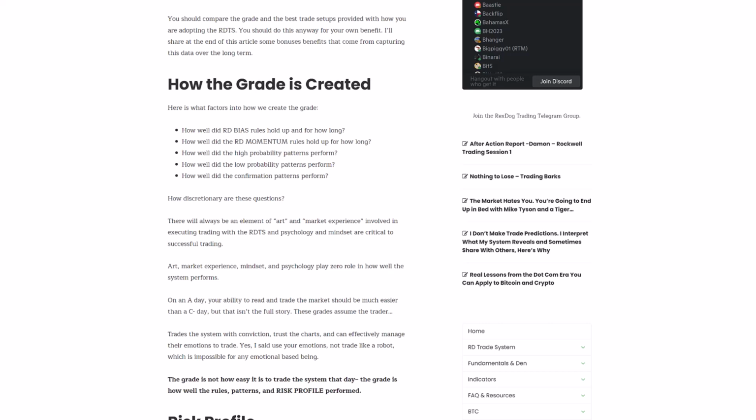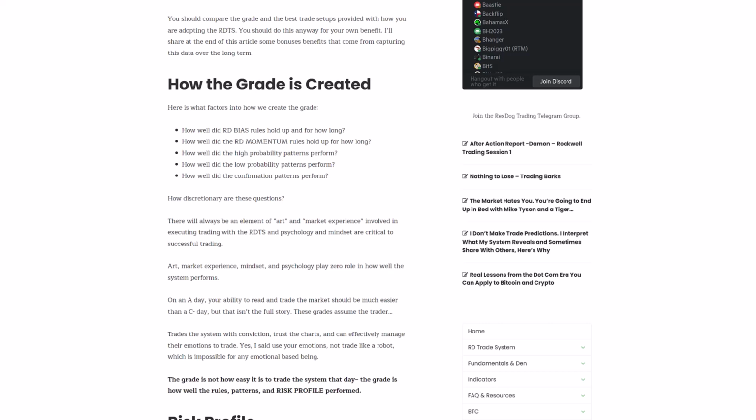I haven't divvied up the patterns library into high probability, low probability, or confirmation patterns because I just want you to know the patterns. But we've already identified the high probability and low probability ones. I've known this for years. There are high probability patterns, there are low probability patterns, and then there are patterns that confirm these other patterns. So that's how we're creating this grade.